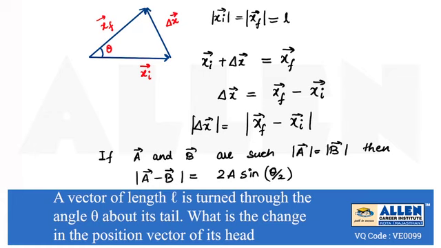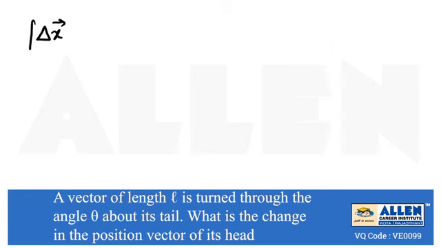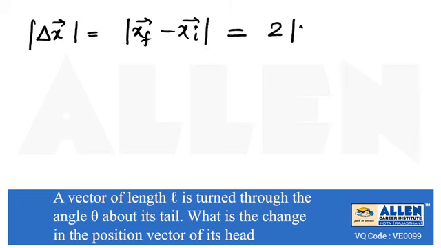We will use this conclusion for solving this question, and we can write delta x vector whole magnitude, which is equal to xf vector minus xi vector, can be equal to 2 times of magnitude of either of these vectors multiply by sine of angle between them.